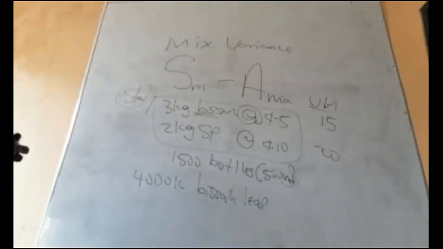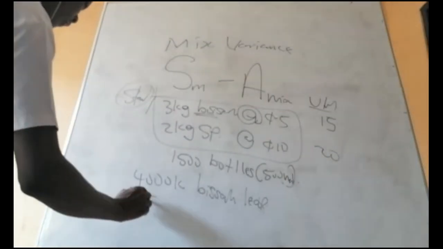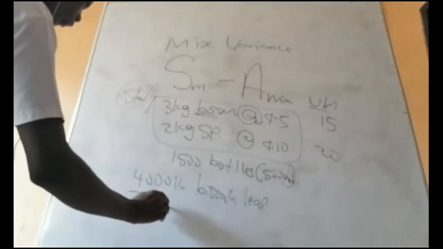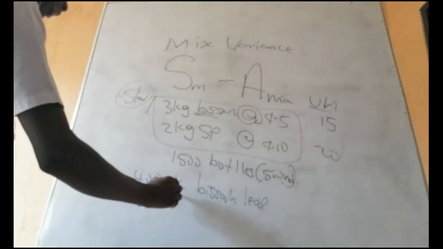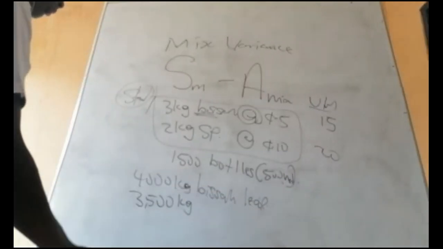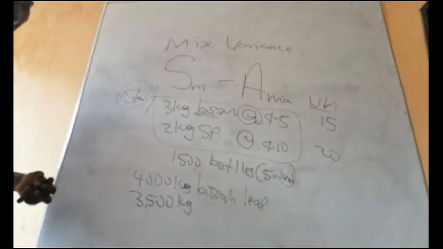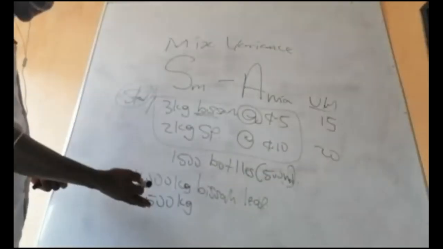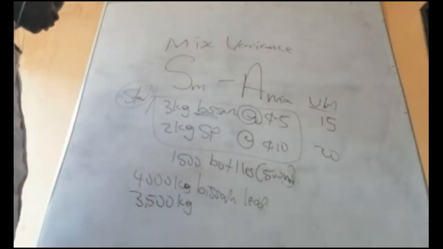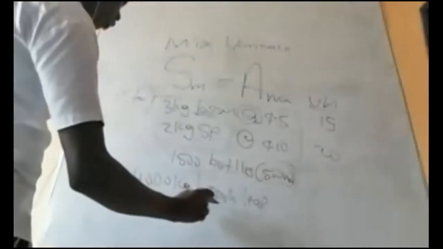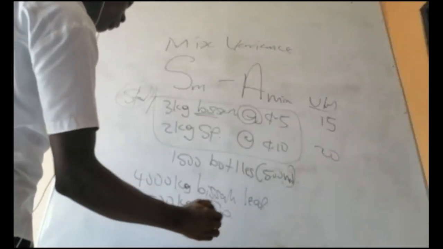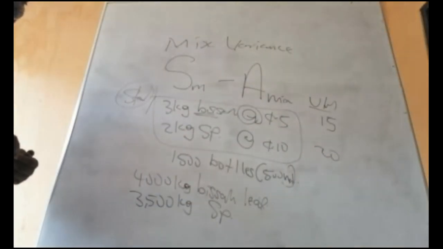We used 3,500 kg of the spices. This one is kg; normally it can be liters. We can even add liters to it, the water. Now all of them are at a certain cost.